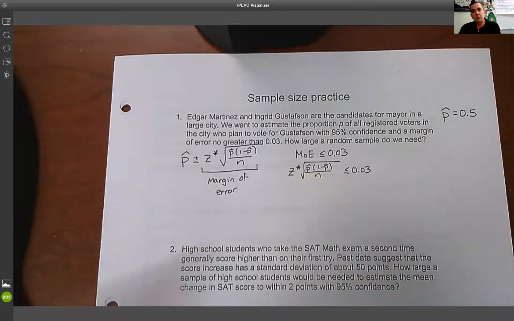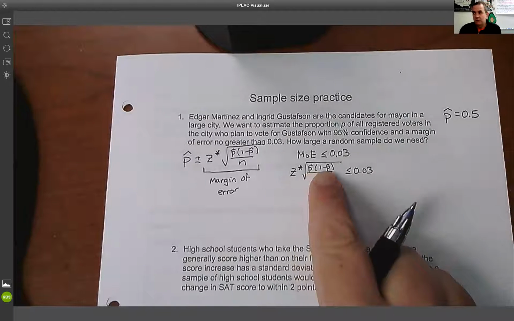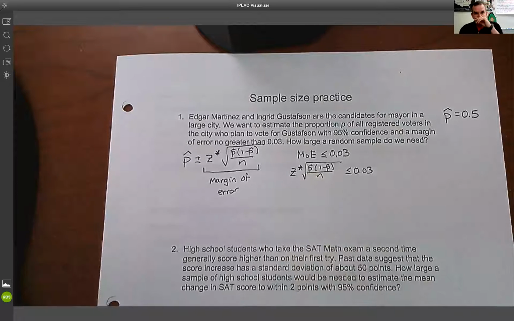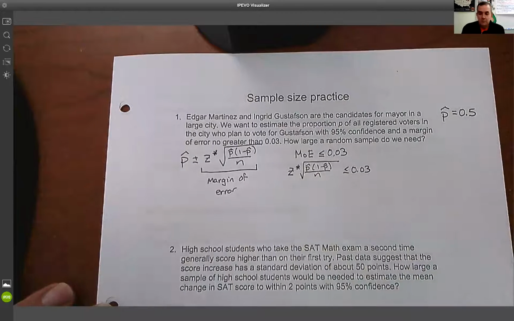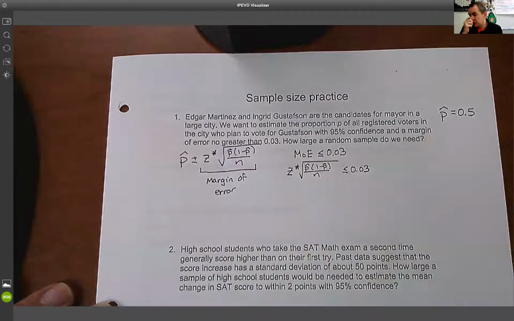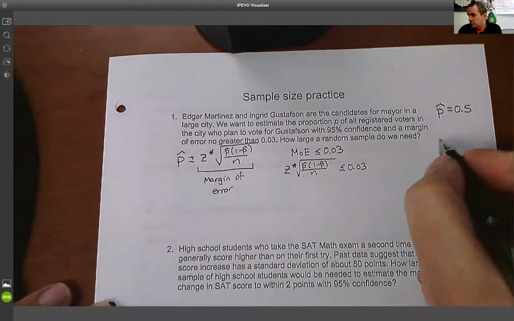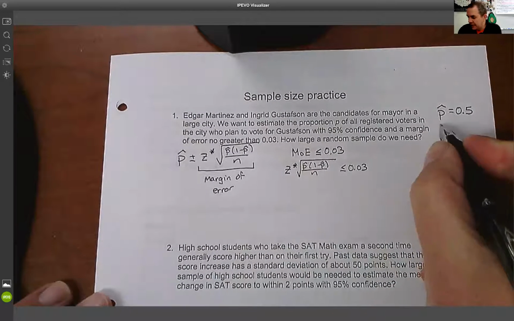That's the largest number, and we want to keep that as large as possible. If you were to do other numbers, let's say 0.7 and 0.3, that would give me 0.21 up top. That's a smaller number. So we're trying to get that number as big as possible, and the biggest product comes from a 0.5. So we're going to use 0.5 as our best guess of P hat.